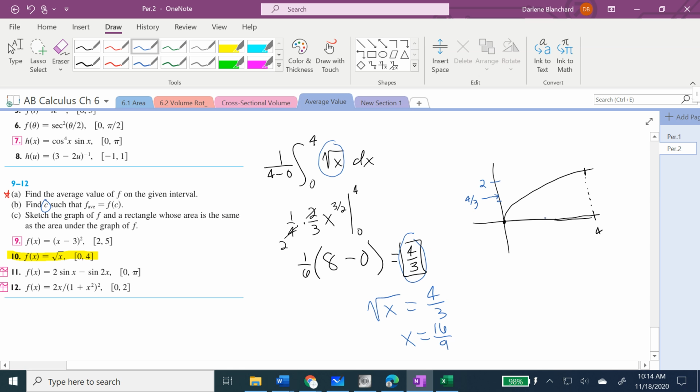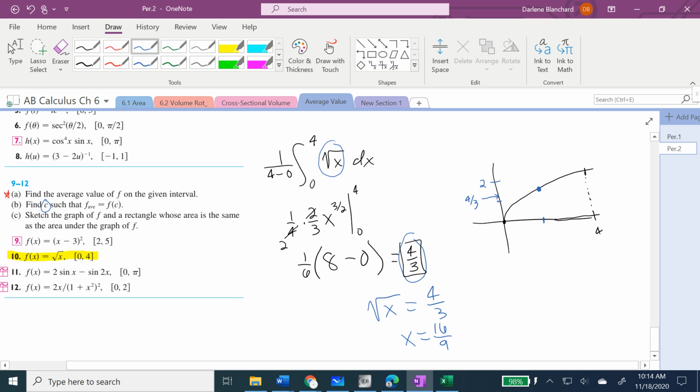So it's like maybe about here. And I drew an approximate graph anyway. But you will find if you draw this on a computer, you will see that this matches perfectly, that the average value of 4/3 matches with the x coordinate 16/9 as a point on that function.